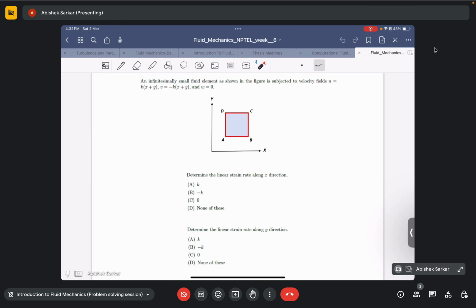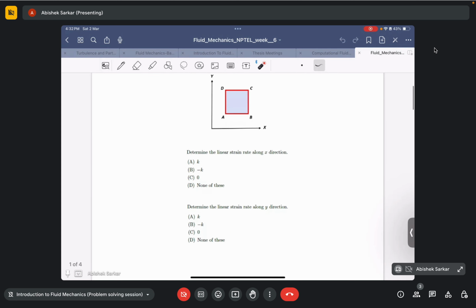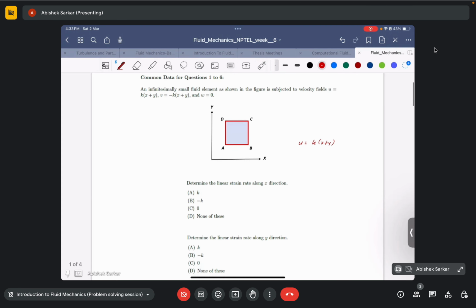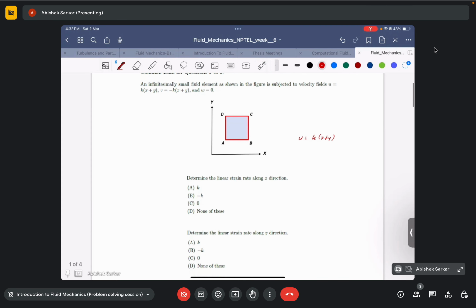So let me try to discuss this. It's again very simple, no issue. We are given that u is equal to kx plus y. The linear strain rate along the x direction would simply be given by dou u by dou x.